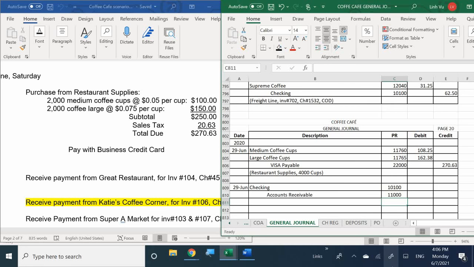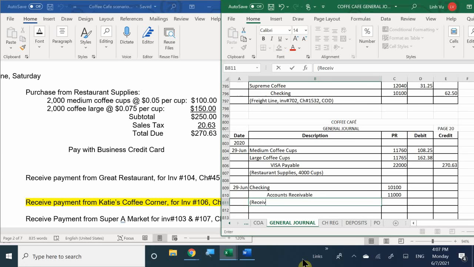Checking. Oh no, sorry. Great Cafe. I lied. Hold up. Great Restaurant, invoice 104. Yes. Check 4512. Okay. Oh wait, are you doing the description right now? Yes. All right, I'm doing the description.